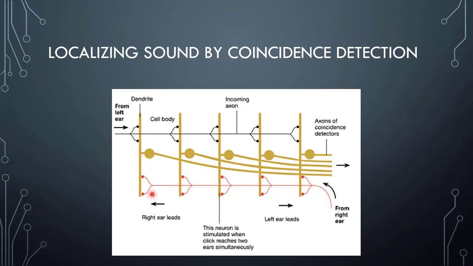This is where the toppling of the dominoes from both sides meets and collides. And of course, the sound coming straight from the middle of the head is going to cause these to meet in the middle. And so that's the basic idea here, is that these coincidence detectors work by passing the signal along until the two receptor potentials come in and meet at the same time.